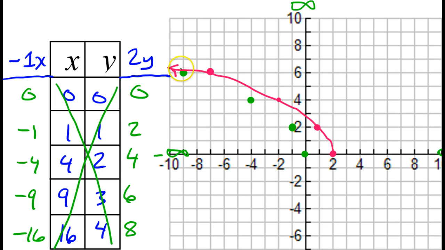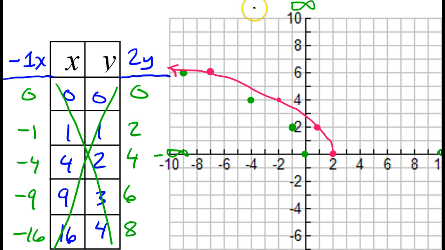If I'm doing domain, I don't care about the up part, because domain is strictly the left-right thing. When I'm doing range, range is bottom to top. So that's when I'll start looking at the fact that it goes up. All right, so for a domain, because it's left, that's negative infinity. But when I do range, it's up.